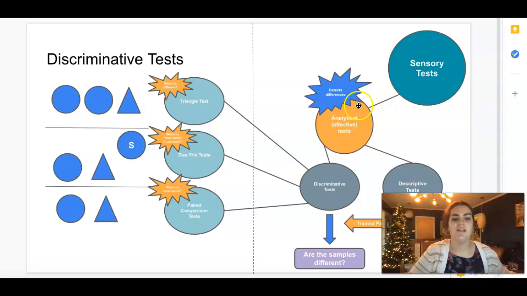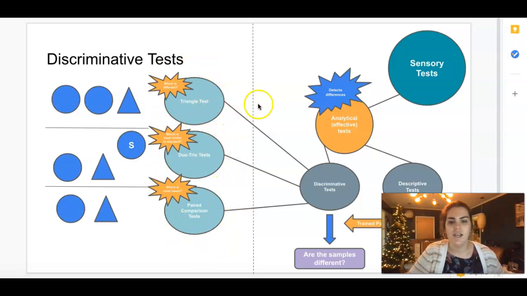So our discriminative tests are again done by typically a trained panel, but y'all in lab are going to practice these discriminative tests with each other. There's more than three types of discriminative tests, but we are going to practice three, so I wanted to be sure to cover this.